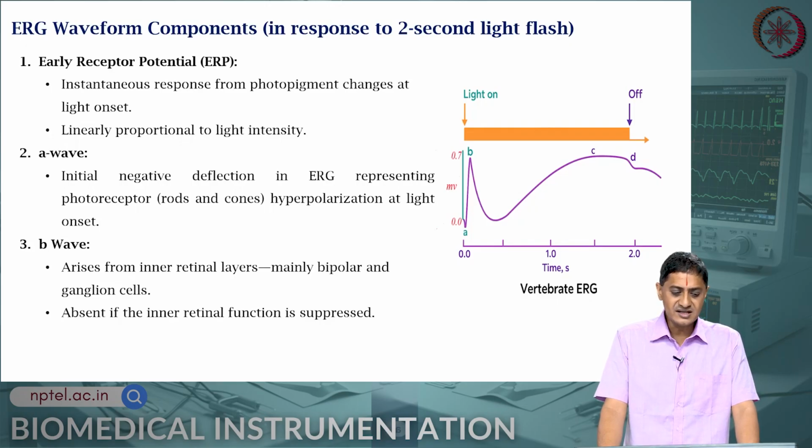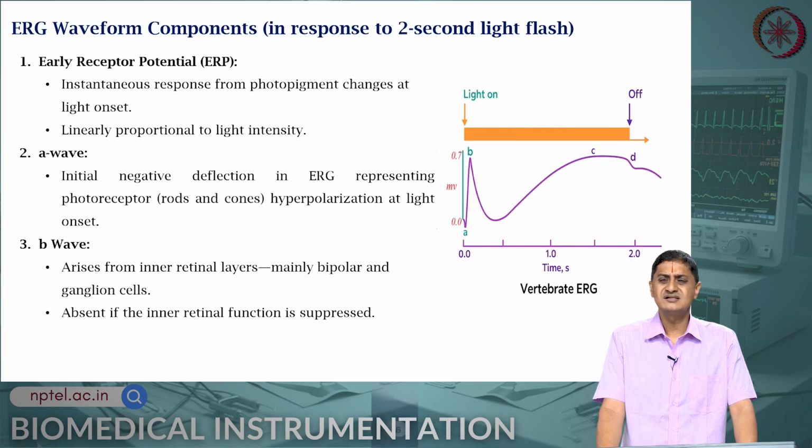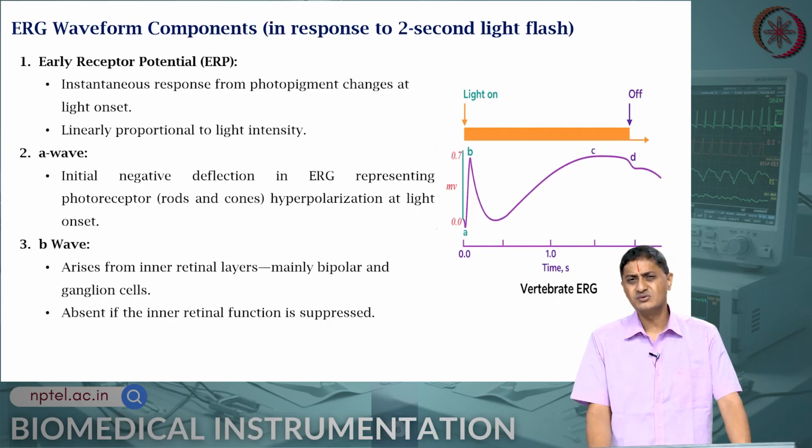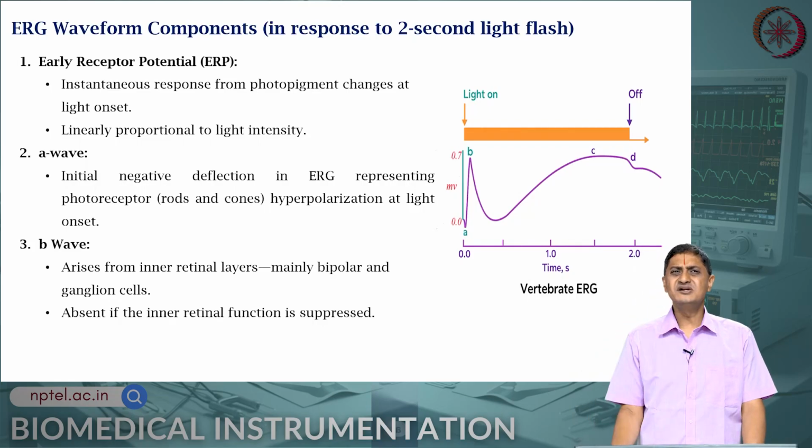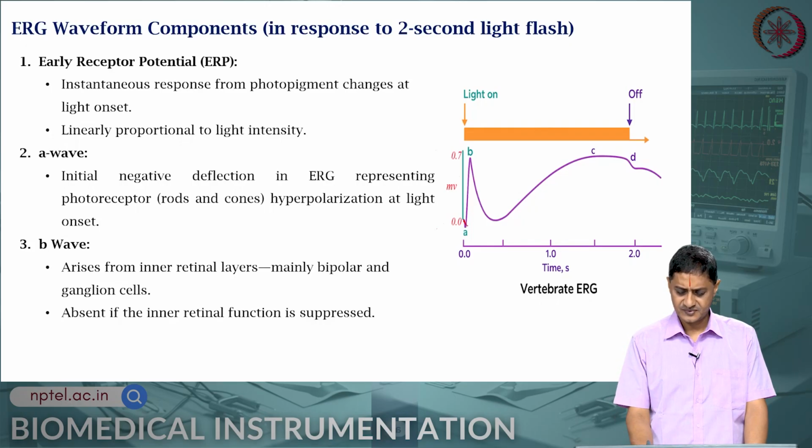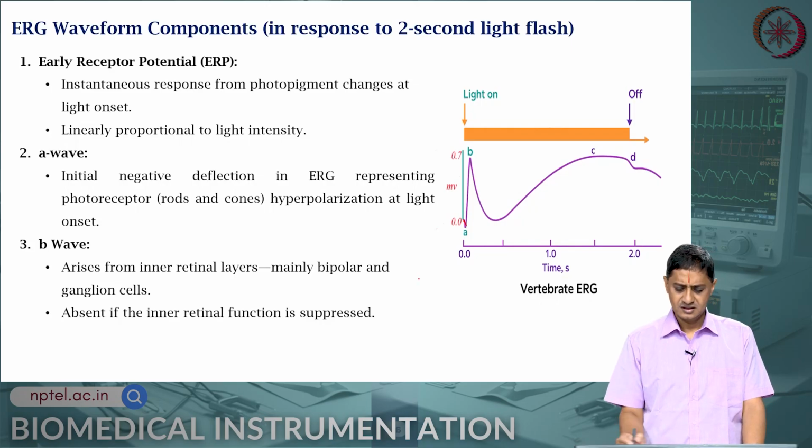There is an early receptor potential, which is essentially the immediate or the instantaneous response from the photopigment changes. As soon as the light is there, there is an immediate response that you see, which is the early receptor potential, and this is essentially proportional to the light intensity. That is what you are seeing here.